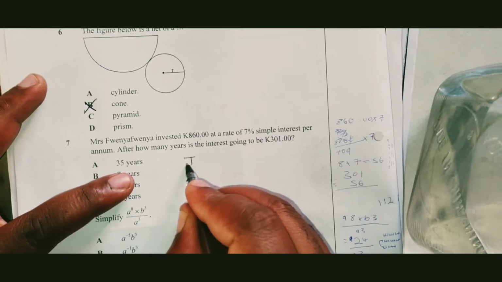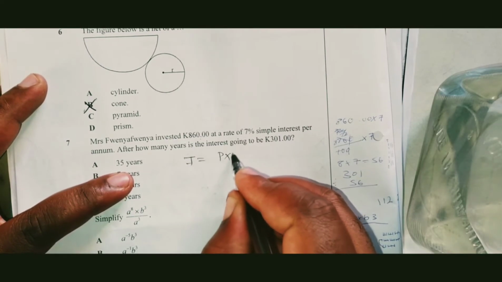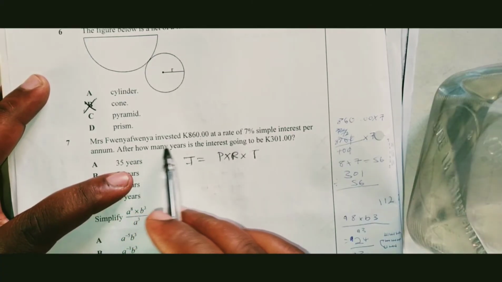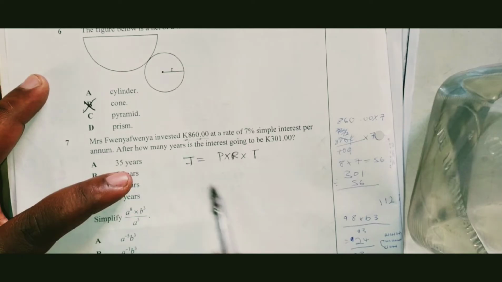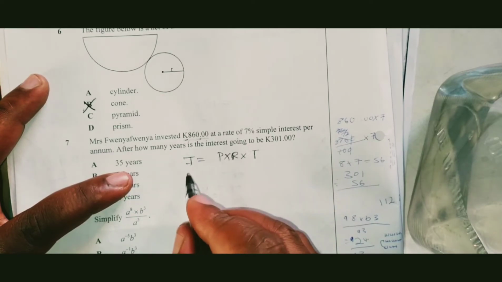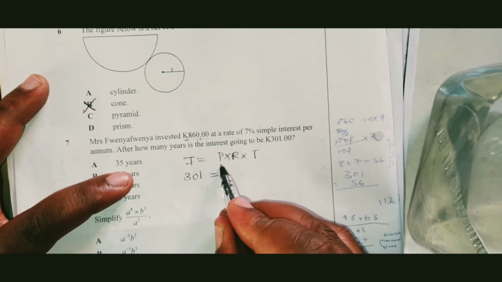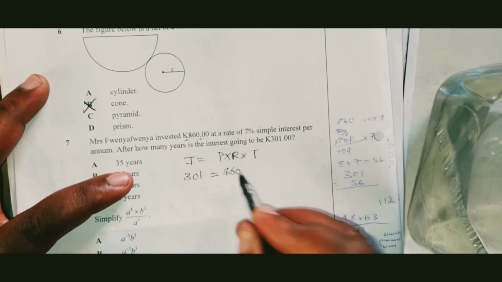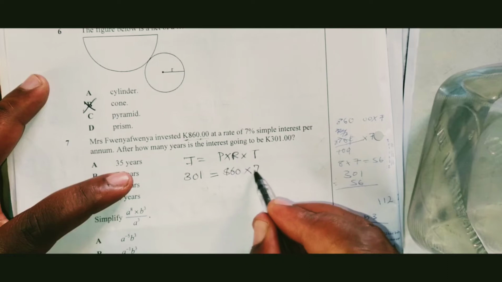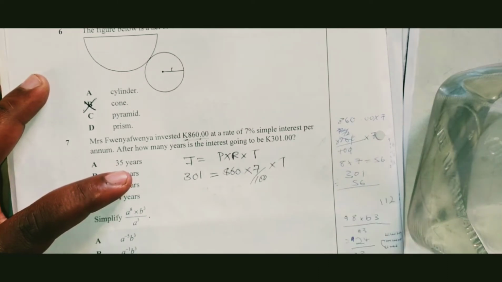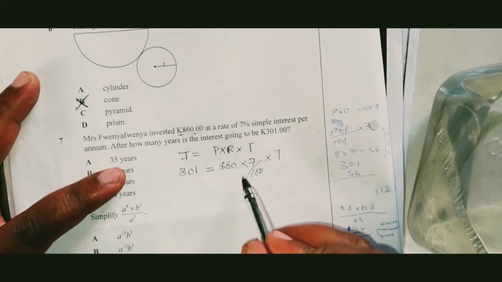Interest is equal to principal times rate times time. This is the principal and the interest is this one. So 301 is equal to 860 by 7 over 100 by time.